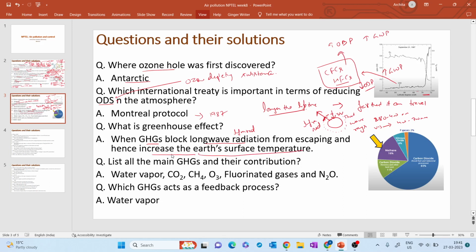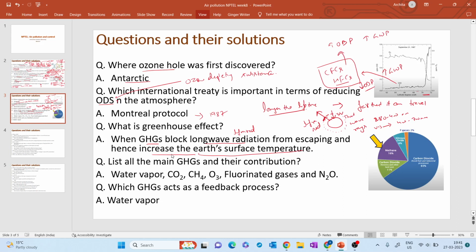Now, let's say we require CO2 at a concentration of 280 ppm, which was its concentration in the 18th century. That is still okay, CO2 concentration is within limit. Whatever it is blocking from going outside helps in maintaining an optimum temperature.